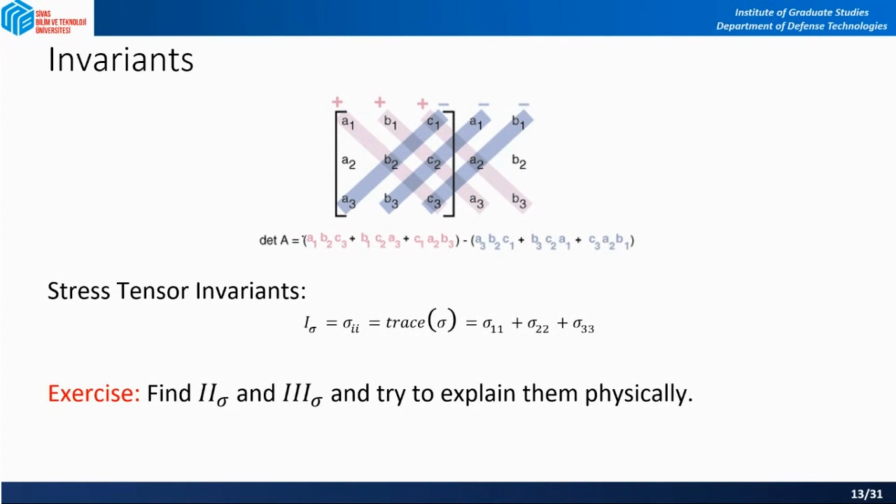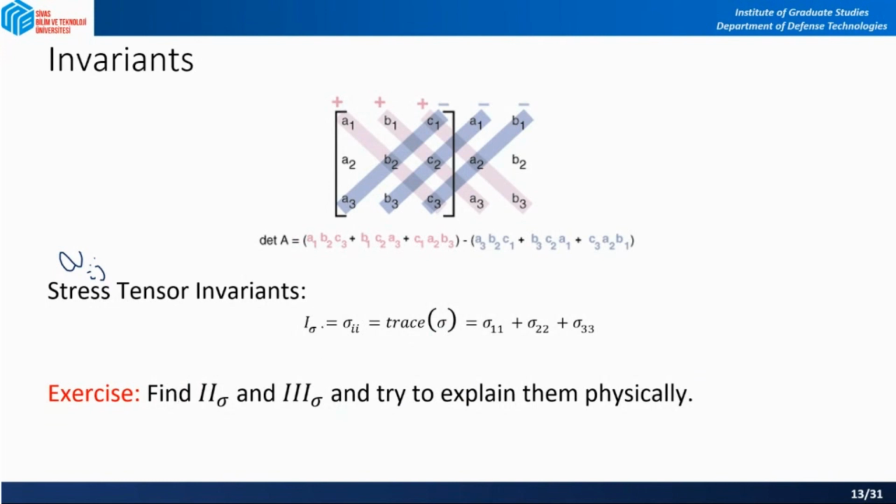The stress tensor invariants have physical meaning. When you have a stress, the stress means sigma ij. The first invariant of the stress tensor is the trace, as we said, and as an exercise, I want you to find the second and third invariants of this stress tensor and try to explain these two invariants with a physical meaning.